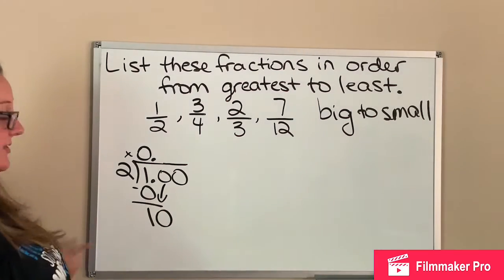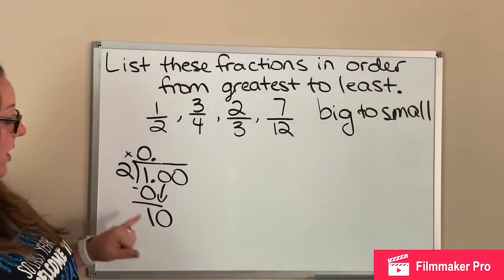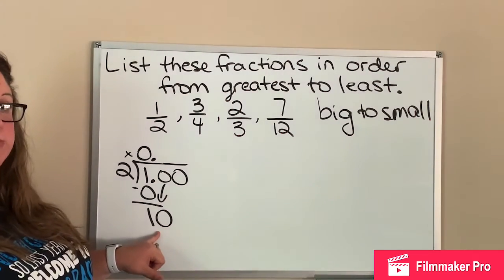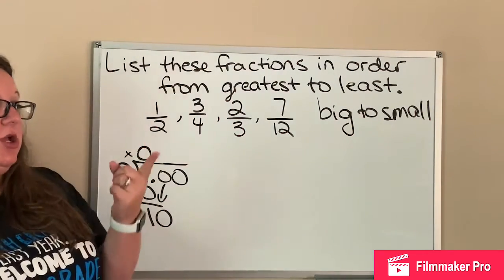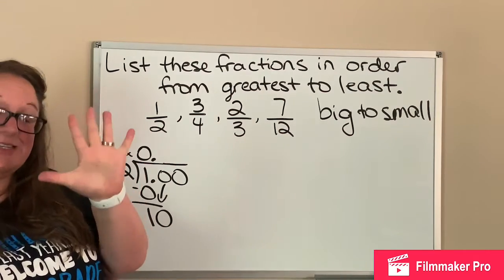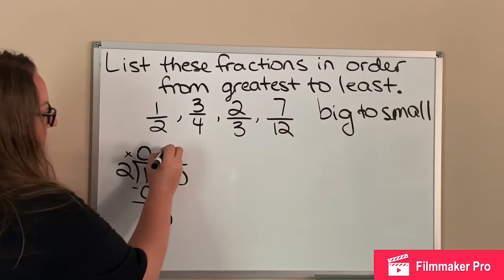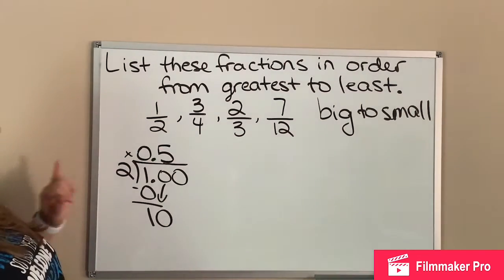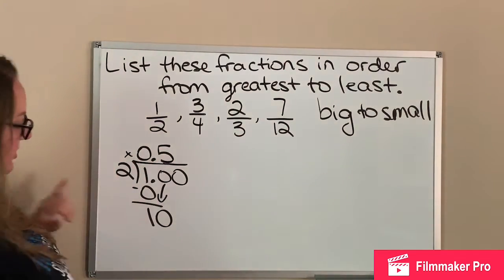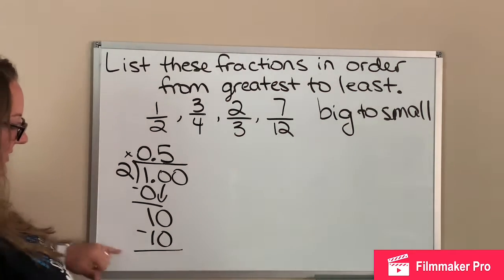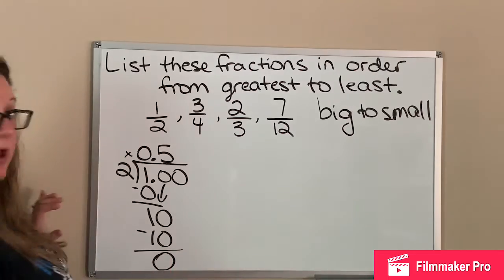Now I need to ask myself, how many times can 2 go into 10? So I'm just going to use my fingers again. 2, 4, 6, 8, 10. 5 times. So 2 goes into 10 5 times. 5 times 2, 10. Subtract, 10 minus 10 is a big fat 0.